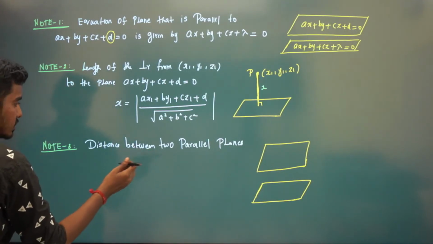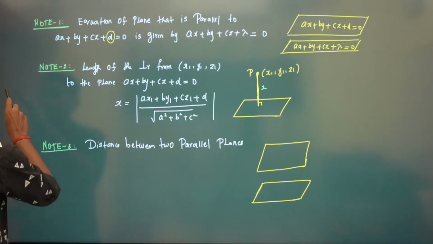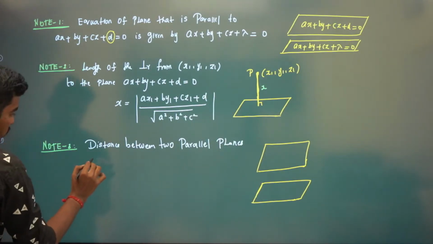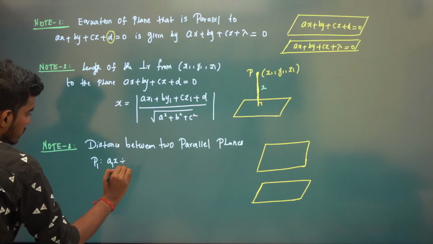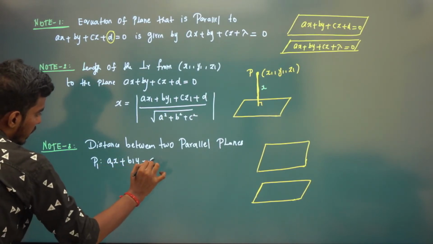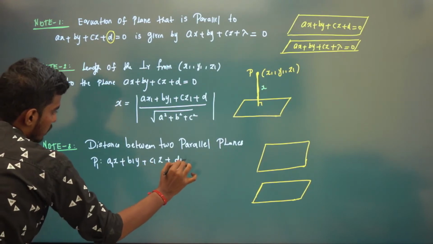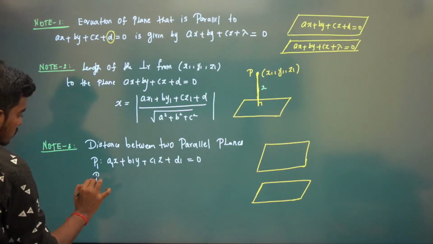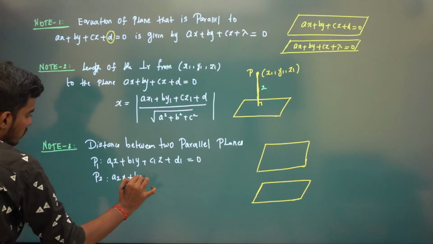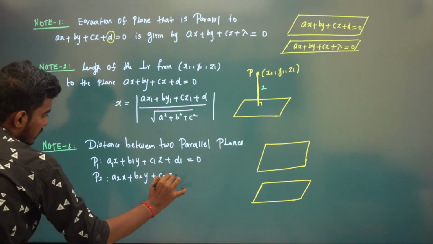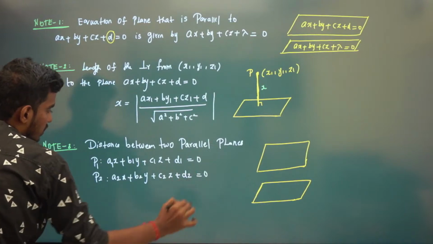So let us say we have two planes. P1 is A1x plus B1y plus C1z plus D1 is equal to 0. P2 is A2x plus B2y plus C2z plus D2 is equal to 0.